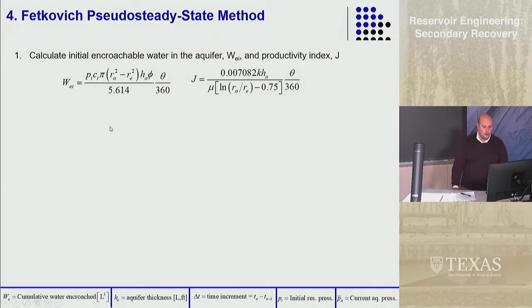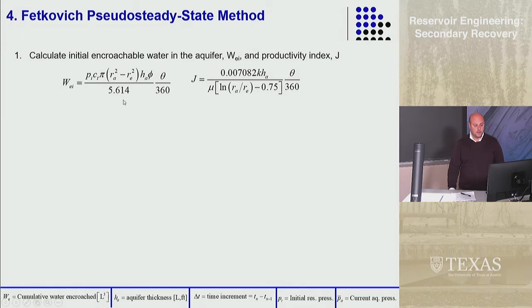So we're going to need to calculate WEI and J. WEI is given as the initial pressure times the total compressibility times pi times the aquifer radius squared minus the reservoir radius squared times the thickness of the aquifer times the porosity times F divided by 5.614.